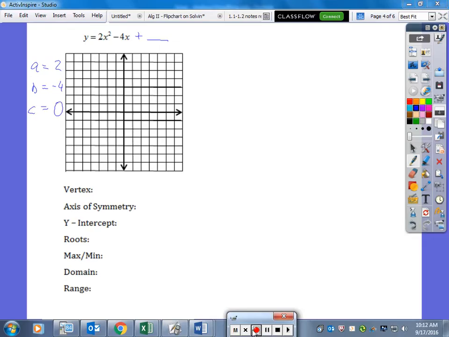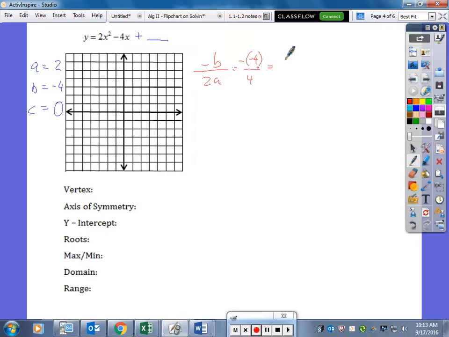Let's go ahead and find our vertex. -b over 2a would be -8 over 4. In other words, and I hope you all realize that it's of course not -8, it is the negative of -4 divided by 4.